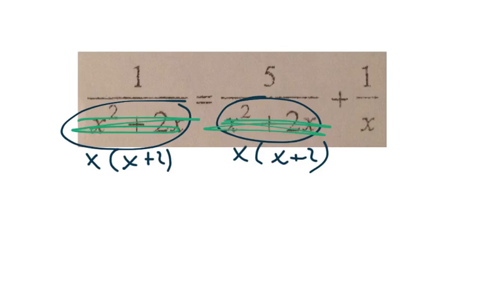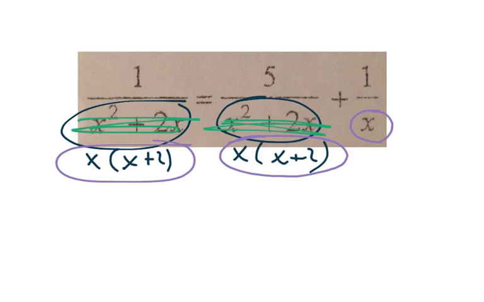Alright, so now, just like the trick I just showed you in the last problem, follow the purple. Do you notice that this is x plus 2, this is x plus 2, this is only x, so all I really need is an x plus 2 to make them the same, right?